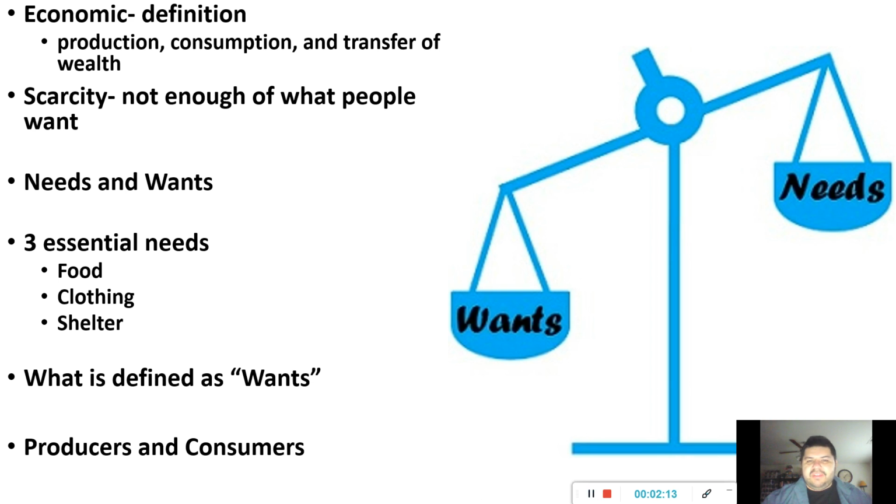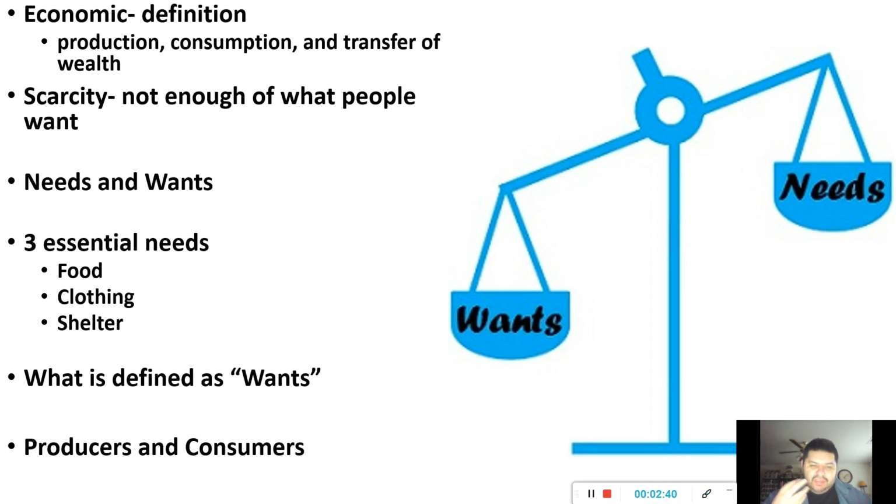Like fresh water, good food, things like that. If you want to even go PS5s, when they first came out, there's not enough for everybody who wants it. There was a scarcity, but they're making them, they're building them. So as time goes on, that will be filled. But as of this moment, right now, there's a scarcity.